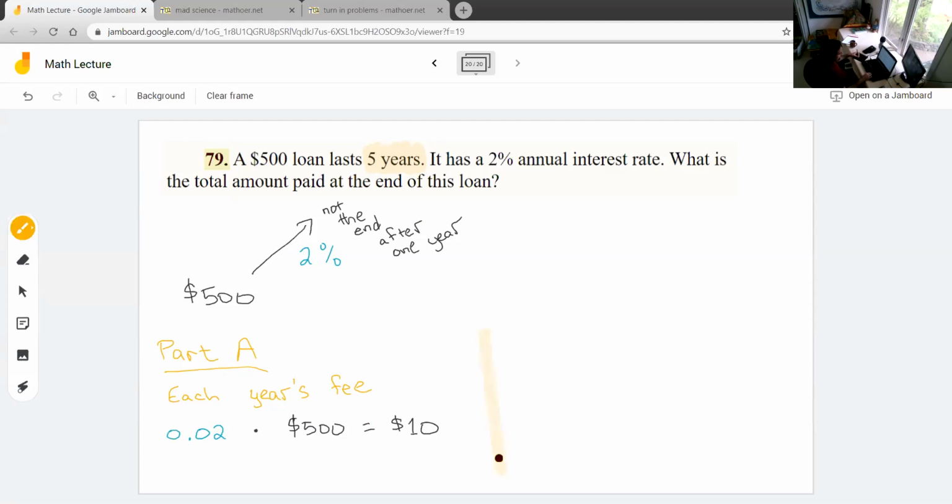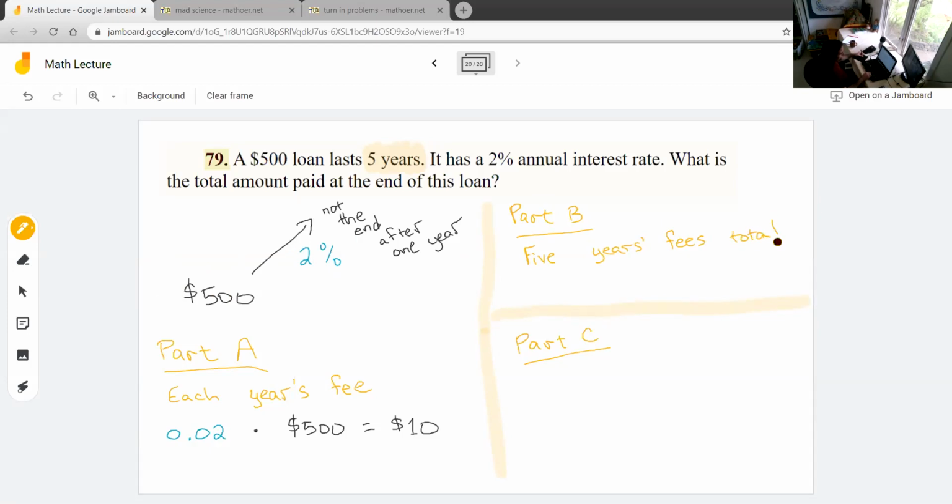And then part B, no, actually I'm going to make 3 parts. Time out. 5 years.